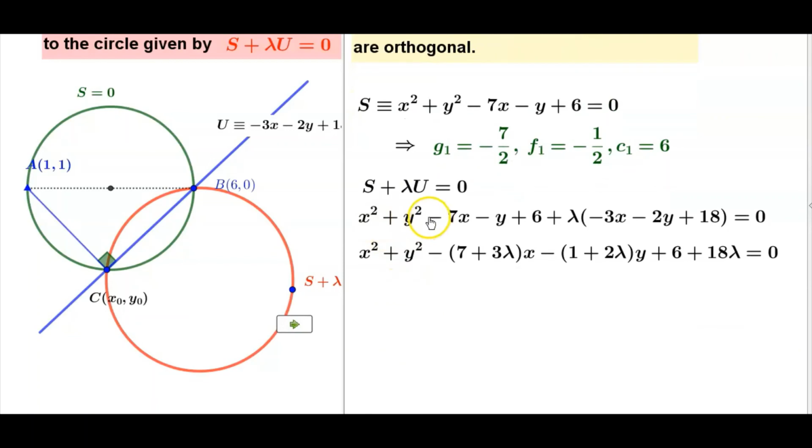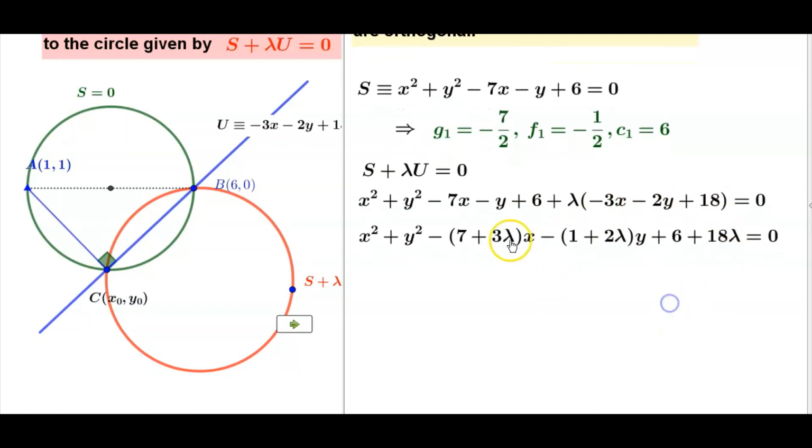We have x squared plus y squared, minus 7x and minus 3 lambda x, therefore minus (7 plus 3 lambda) into x. Here minus y, here minus 2 lambda y, therefore minus (1 plus 2 lambda) into y, plus 6 plus 18 lambda constant term, equal to 0. This is the standard form x squared plus y squared plus 2gx plus 2fy plus c.